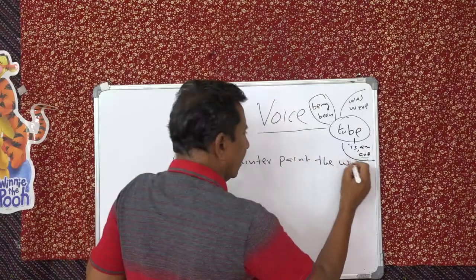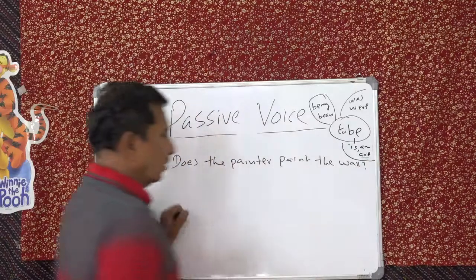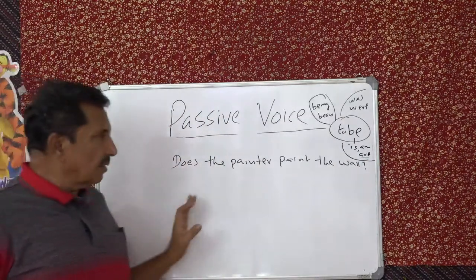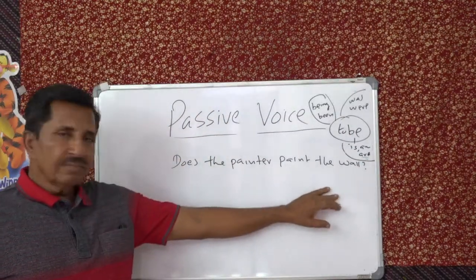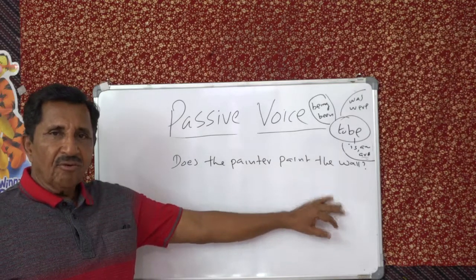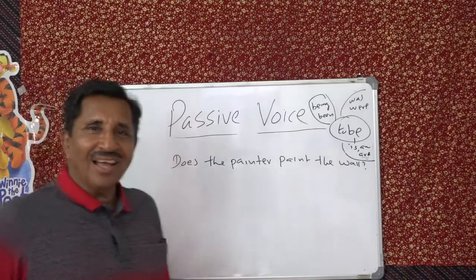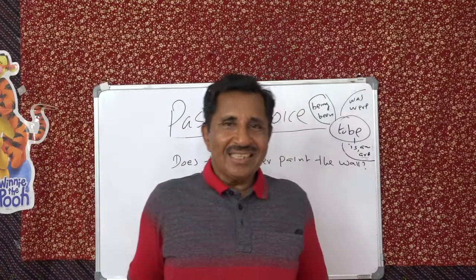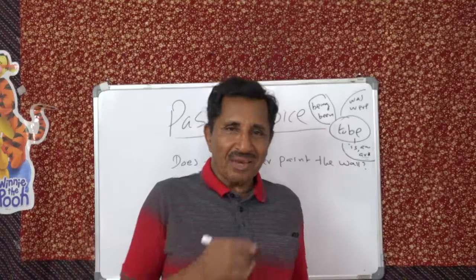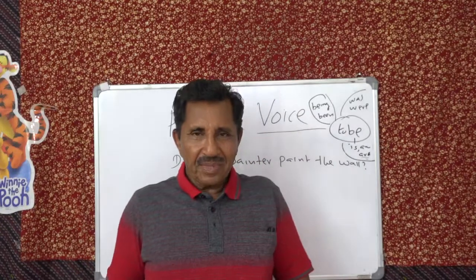Suppose you get a sentence like this. You know this is a yes or no question. What will you do? Where is the subject, where is the object? How are you going to change subject position to object and object position to subject?